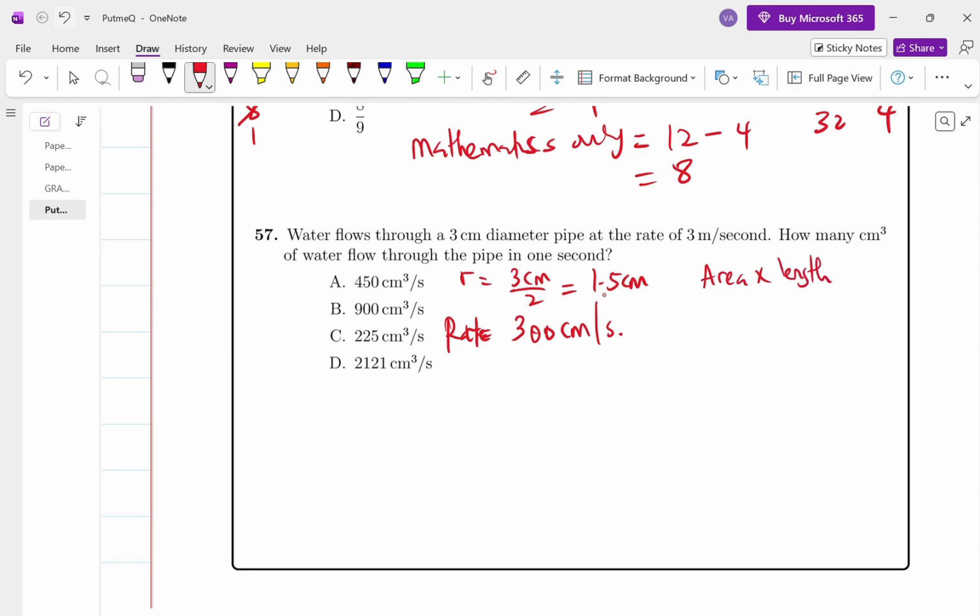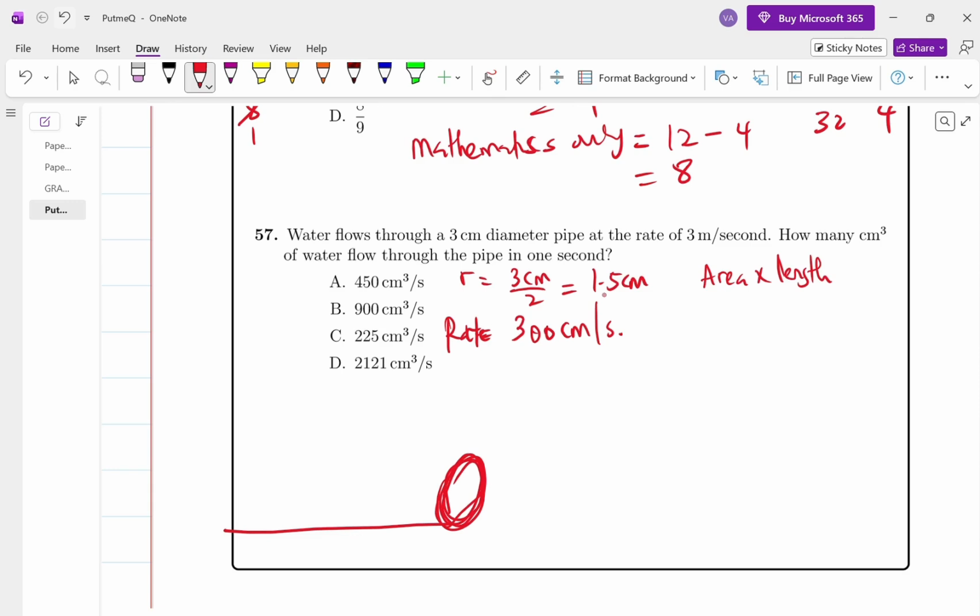Those of you that watched my JAM video, I did something similar to this. The area of the mouth of the pipe, times how long the pipe is, gives us the volume of that pipe.